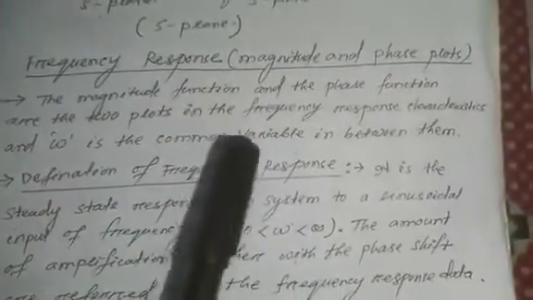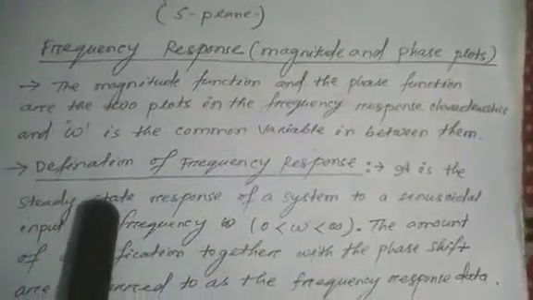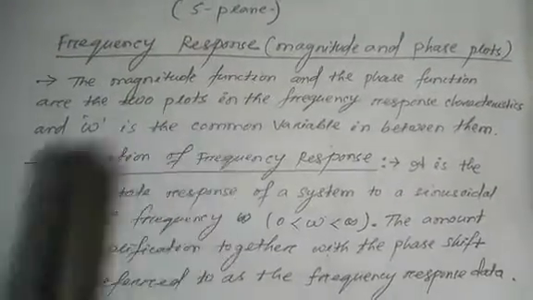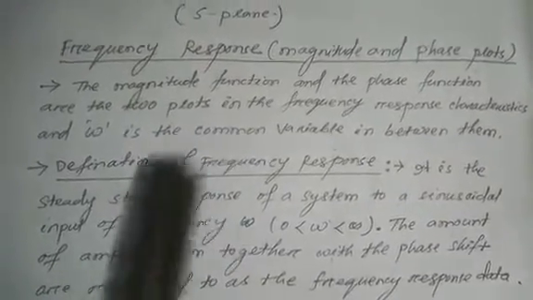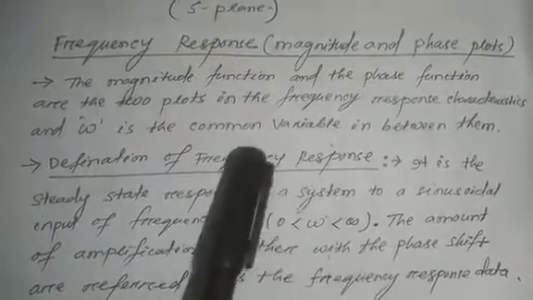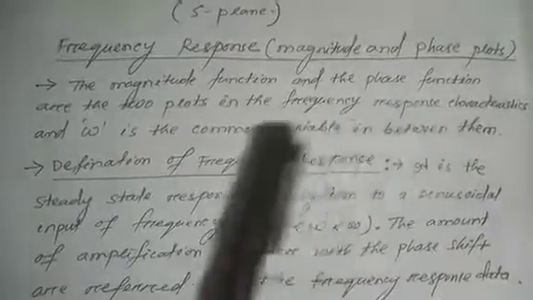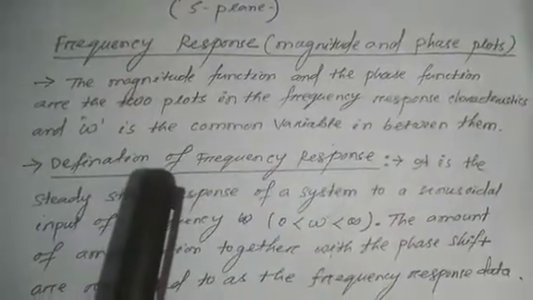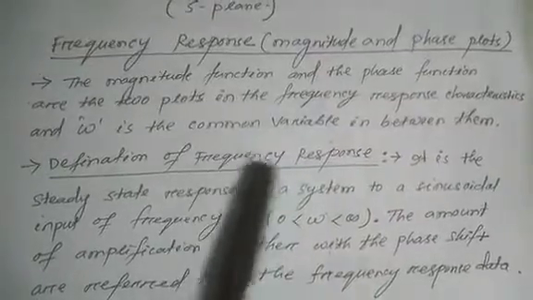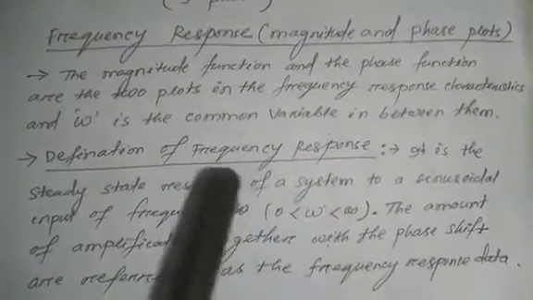In network theory or circuit analysis, we solve by taking the Laplace transform. A capacitor is represented as 1 by Cs and an inductor as Ls, and you take the initial conditions, V(0+), I(0-), I(0+), and in this way we solve the problems.